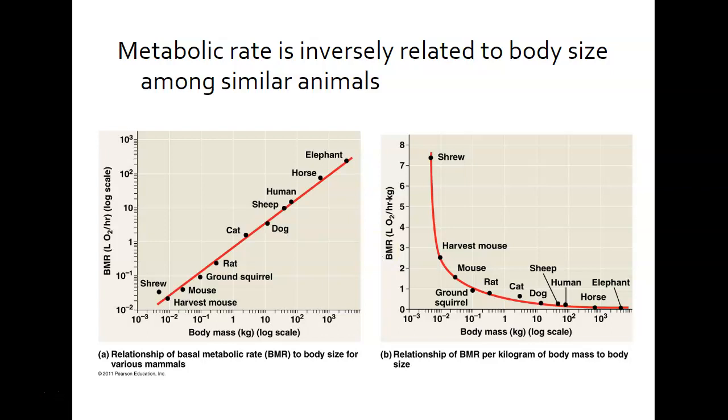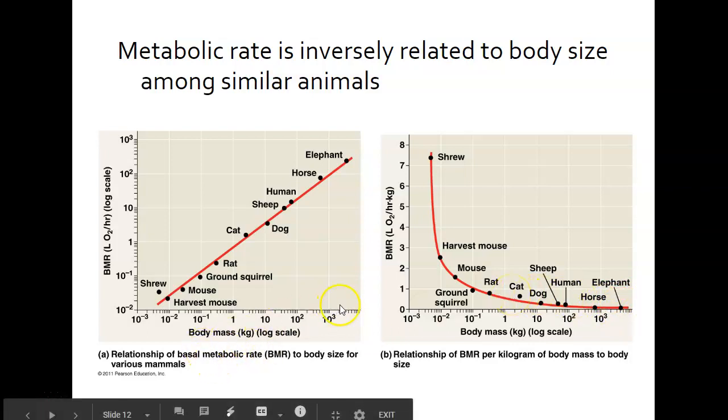In this case, it's kind of showing you that per unit size, so actually looking at it per kilogram, you can see that over time it's this, but over here, the shrew, for its small size, actually has the highest metabolic rate per size compared to the larger organisms, which have the lowest metabolic rate per kilogram.